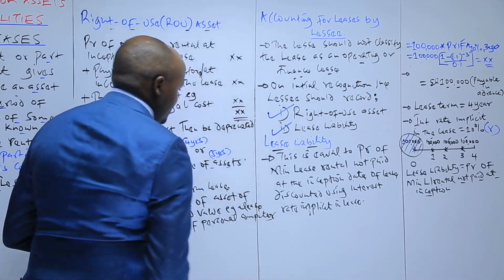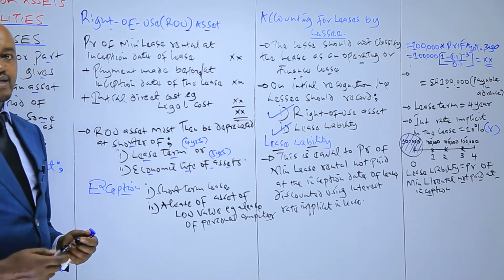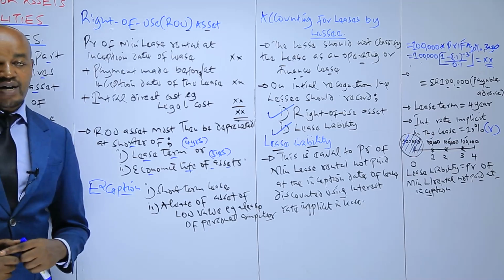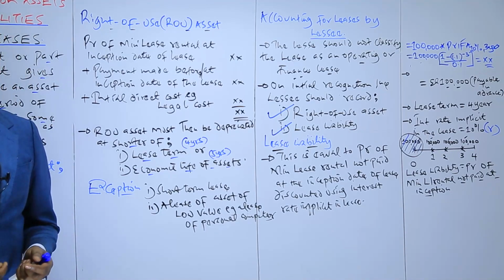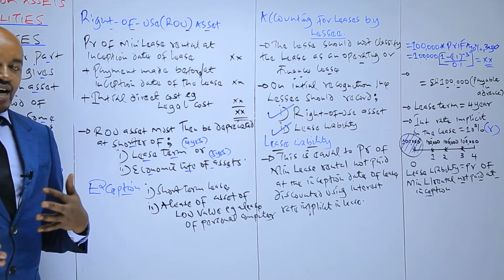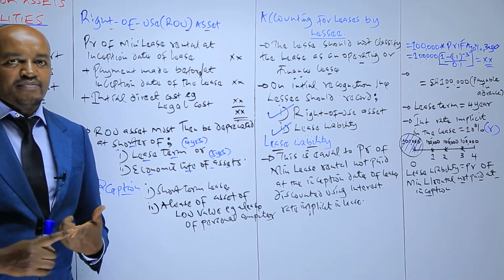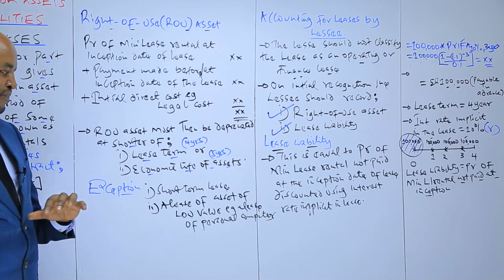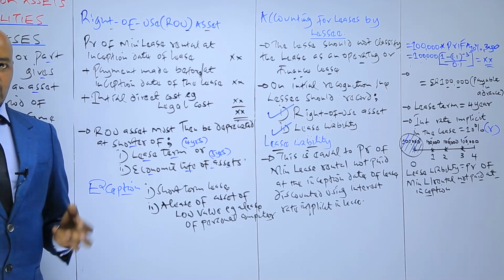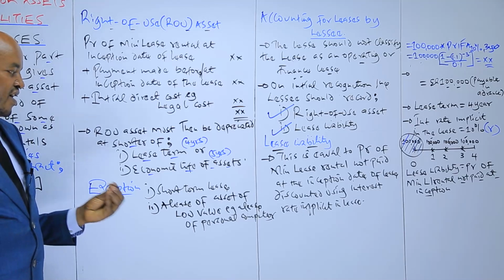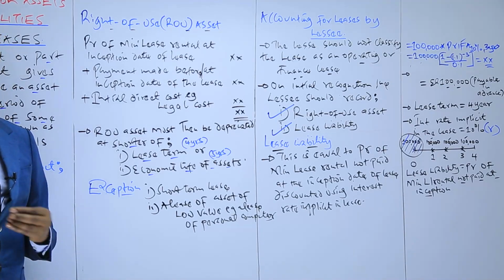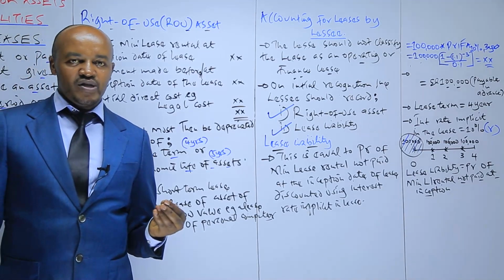So if a company leases such an asset, e.g. a personal computer or even a laptop, which is of low value, that company does not need to recognize the right of use asset and the lease liability, but will just recognize the amount paid as a result of having leased that asset as an ordinary expense.